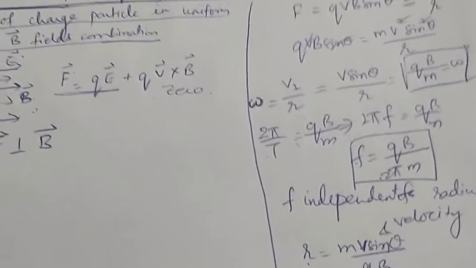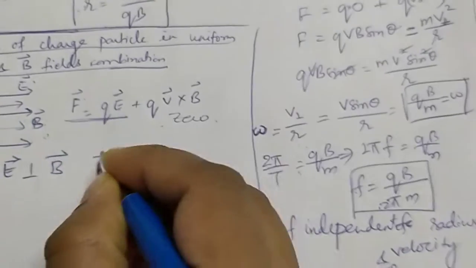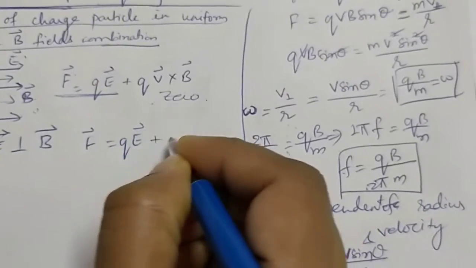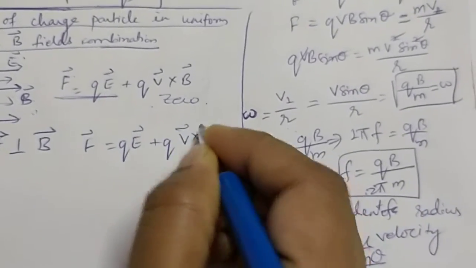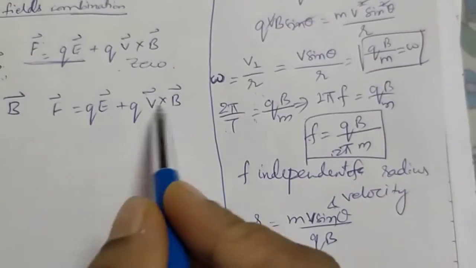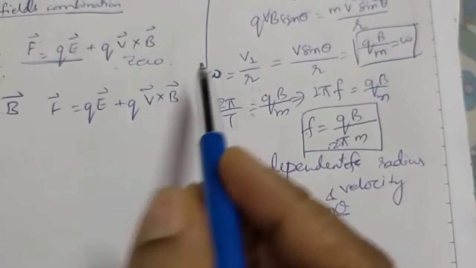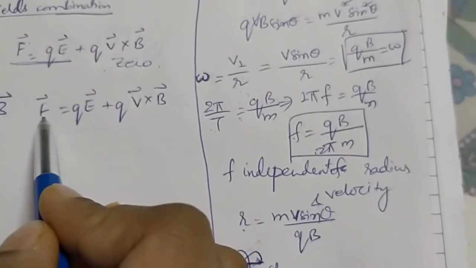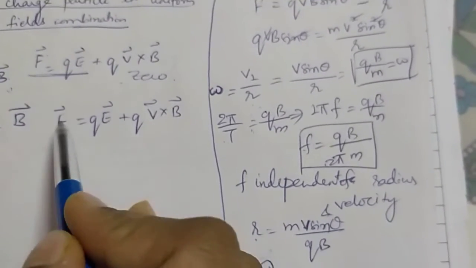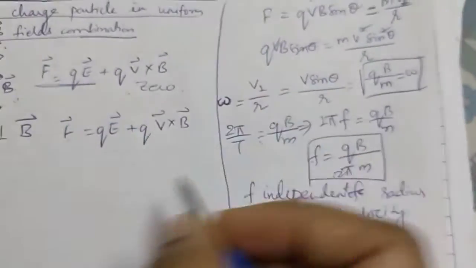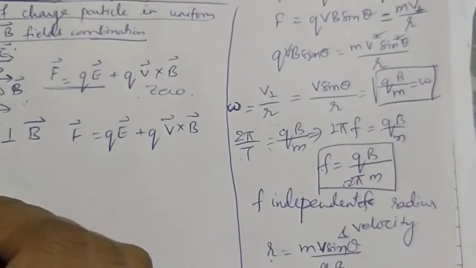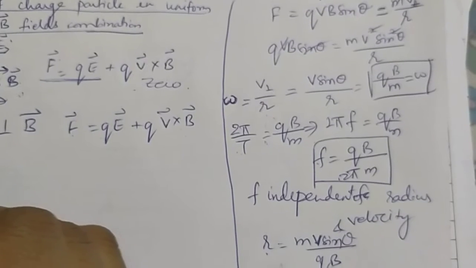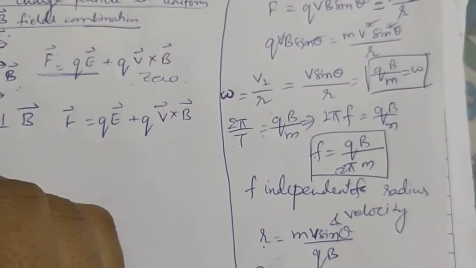Now you see that Lorentz force is equal to QE plus Q V cross B. Suppose this is the electric component of force and this is the magnetic part of the Lorentz force. If they both are equal and opposite, the net force will become 0. Suppose this is the direction of electric field, this is the direction of velocity, and outward is the direction of the magnetic field.